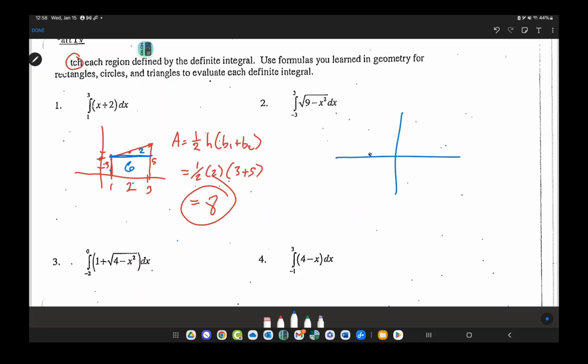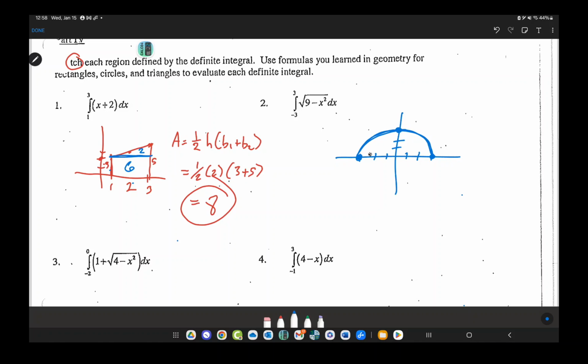All right, so we'll go from -3 to 3. What do I get if I plug in -3? 0. If I plug in 3, I get 0. If I plug in 0, I get 3. Yeah, it's a semicircle. How do you find the area of a circle?